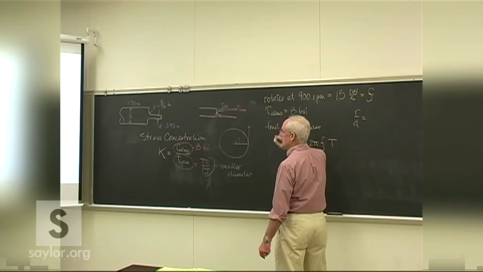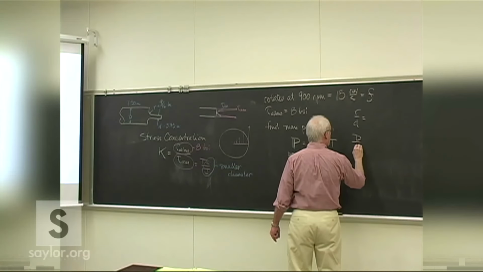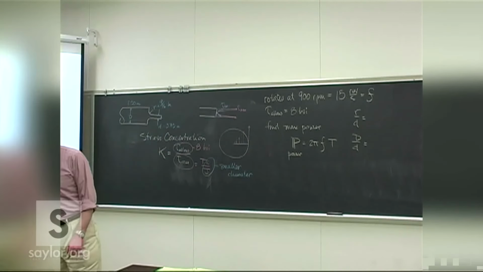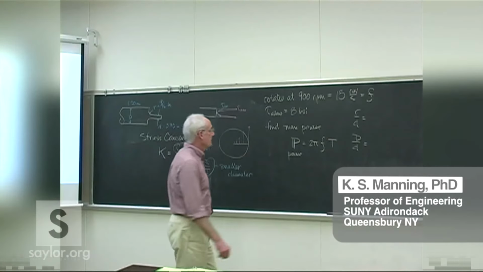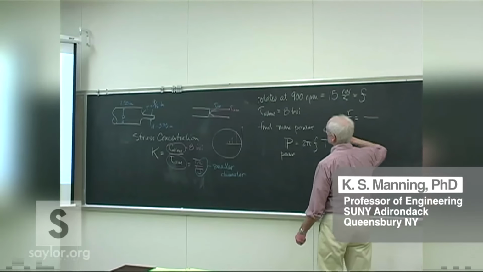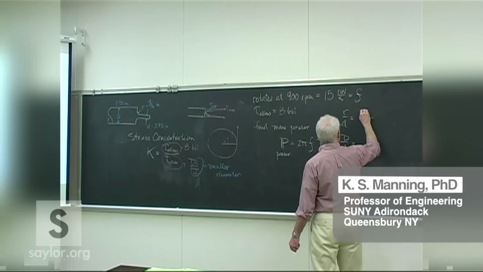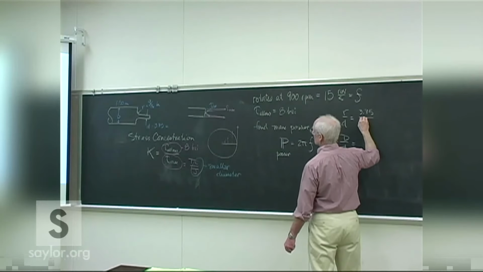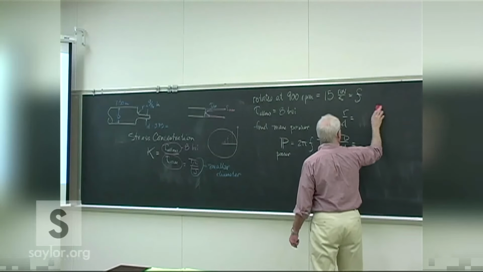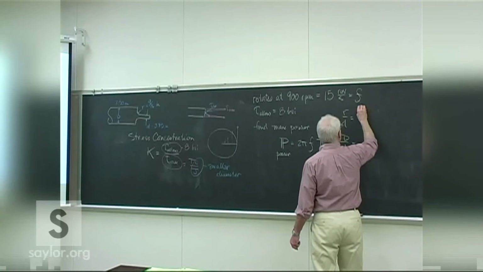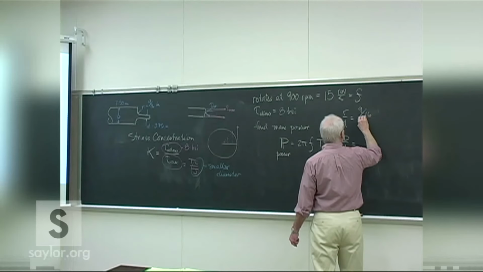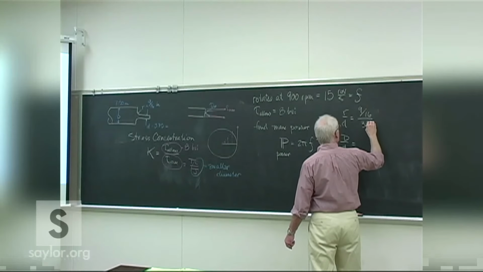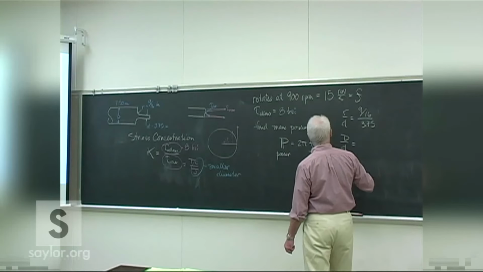So we need R over d and D over d for this particular problem. And then those things can be adjusted as needed as you do the design iteration. (9/16) over 375, both in inches.